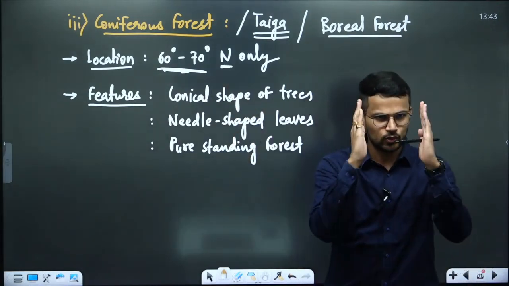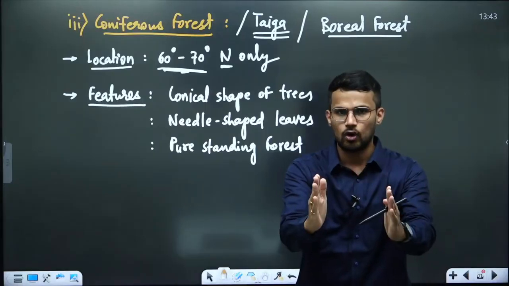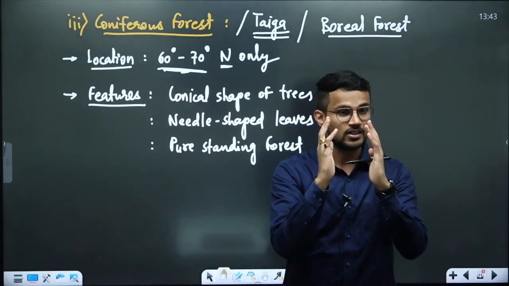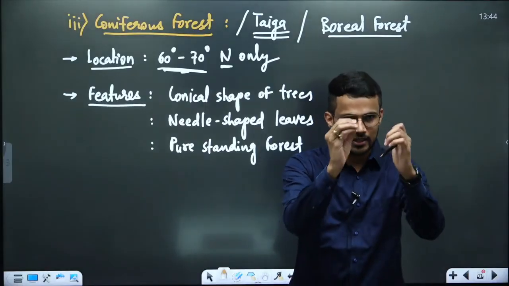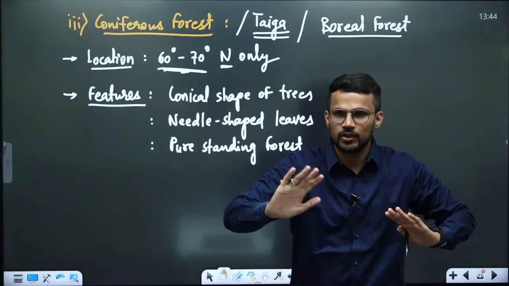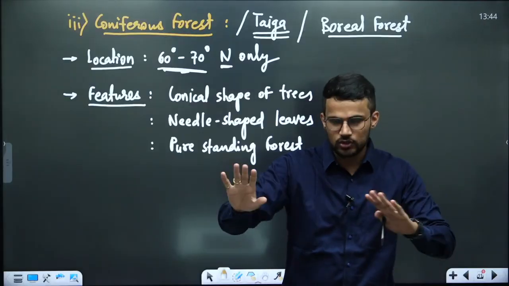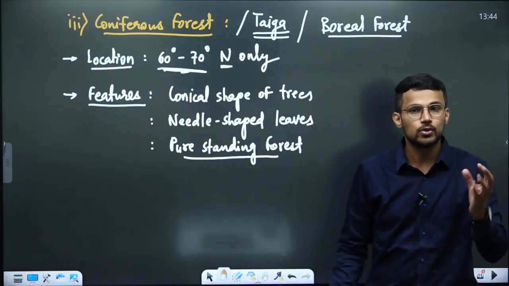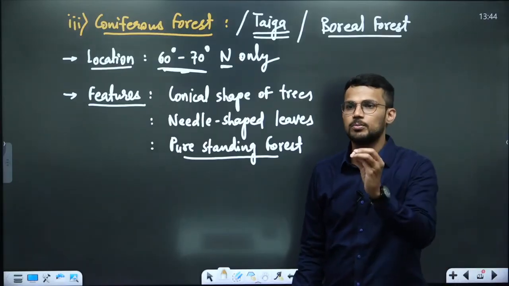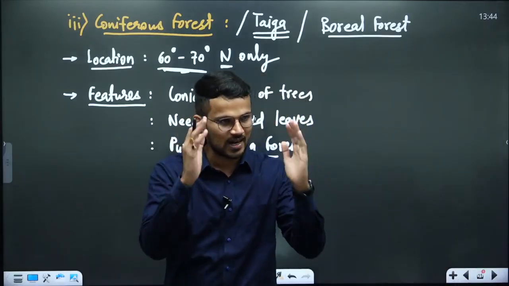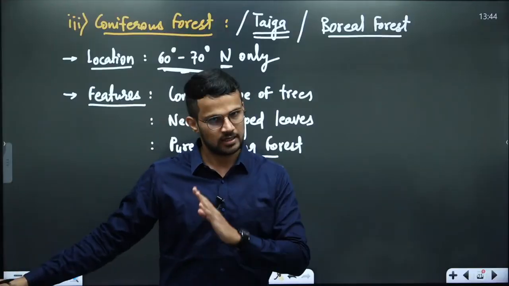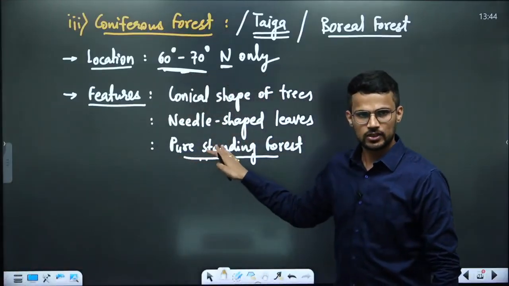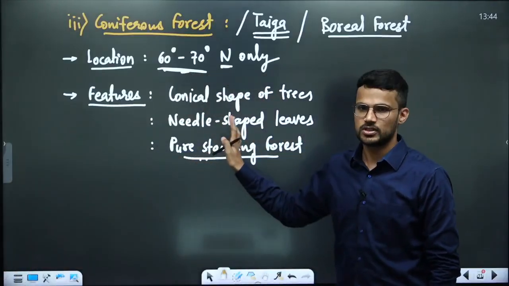In these forests you will be able to identify a stand of a particular tree distinct, right? वो नजर आएगा कि हाँ, this is the tree. क्यों? क्योंकि they are relatively sparsely located, एक दूसरे से दूर located होते हैं, and that's why we call this forest as pure standing forest, जहाँ पे you will be able to differentiate between the stands of various trees. ठीक है? Fine. So that is why we call these forests as pure standing.